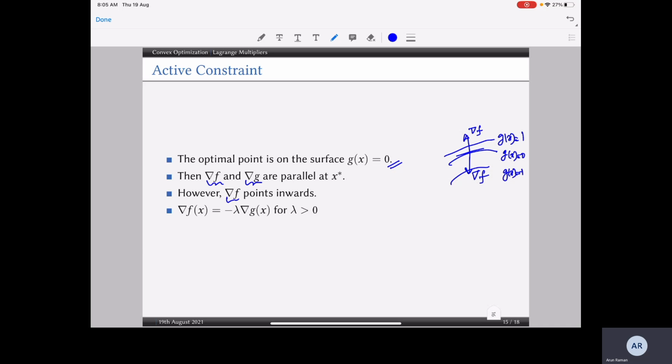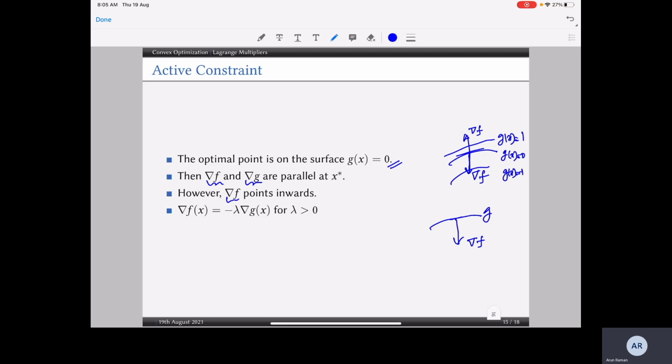Now, if the gradient of f is pointing inward, it means that, let's say we have g, and we have the gradient of f here.